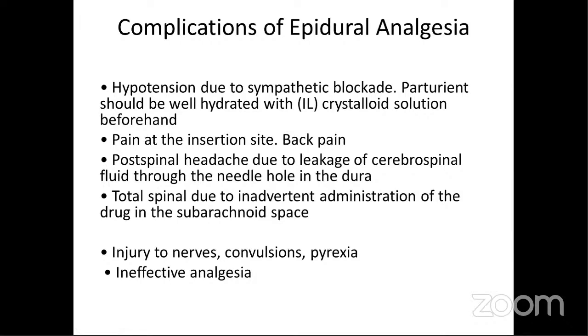Important complications you have to remember are hypotension, which is due to sympathetic blockade, and therefore the parturient, or the mother, should be well hydrated beforehand. Pain at the insertion site or back pain, and post-spinal headache. Then there could be inadvertent administration of the drug in the subarachnoid space leading to total spinal anesthesia, and in such a case you have to immediately convert to a cesarean section and shift her to the OT.